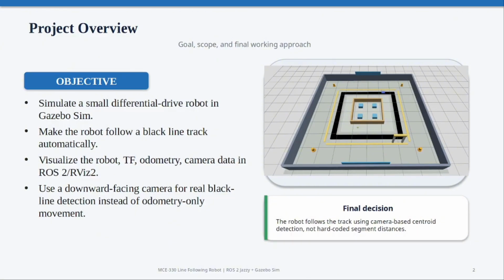Instead, it detects the black line from the camera image and adjusts its movement according to the detected line position. If there is a Gazebo screenshot on this slide, this image shows the final simulation environment where the robot follows the black rectangle track.